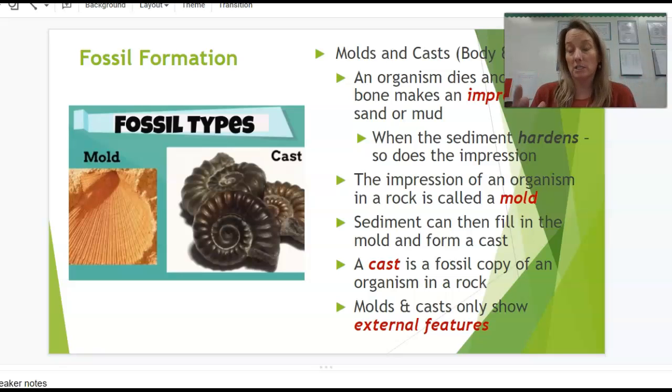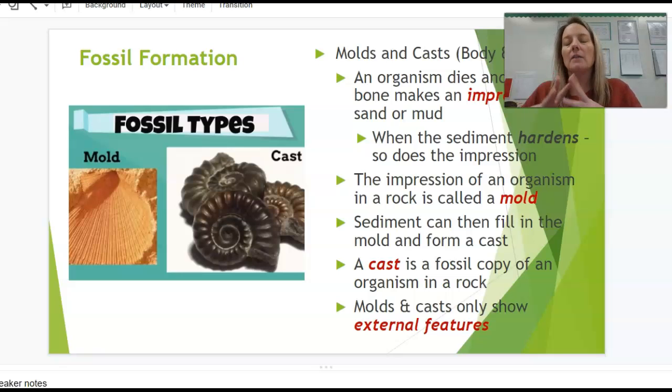And that mud hardens, all right? Well, that shell eventually breaks down. Okay, but the hardened mud around that shell, even though the shell's broken down, it still made that cast of that shell. And that mud turns to rock, turns to stone, it fossilizes. So then you get a cast of that shell.